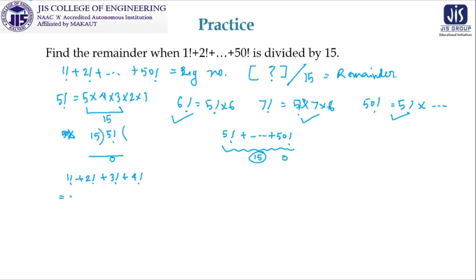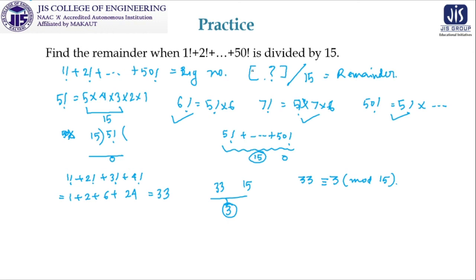And it is very easy to calculate that 1 factorial plus 2 factorial plus 3 factorial plus 4 factorial is nothing but 33. So if you divide 33 by 15, the remainder you are going to get is 3. So the answer of this problem is 33 is congruent to 3 mod 15. So this thing will also give you 3.